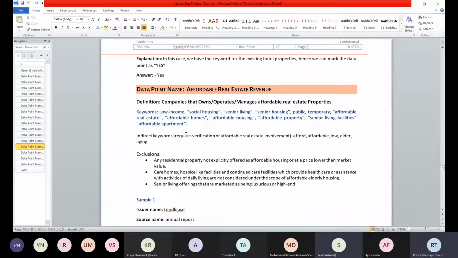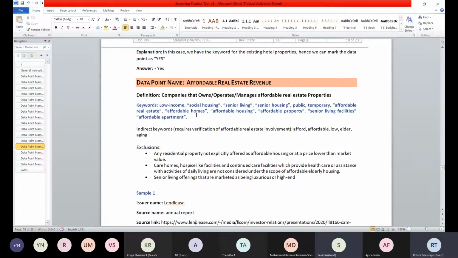It should be specifically stated that the real estate property has lower prices, or is at affordable prices. It should be mentioned specifically like that. There are so many companies in the real estate business, but they are not providing it at affordable prices.